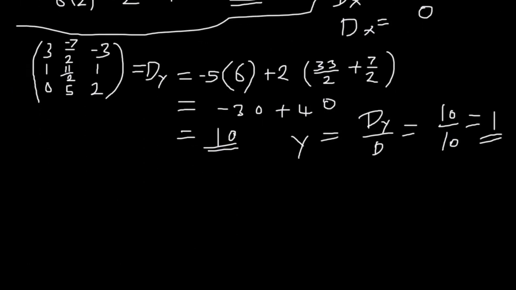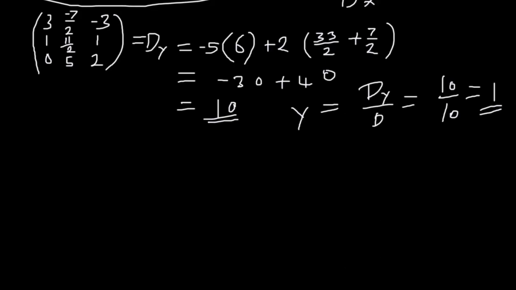So we proceed. We copy the same matrix, since we want to find the determinant of z. Copy the same matrix there, which is going to be 3, 1, 0. This time around, the answers will be put here in the z column.